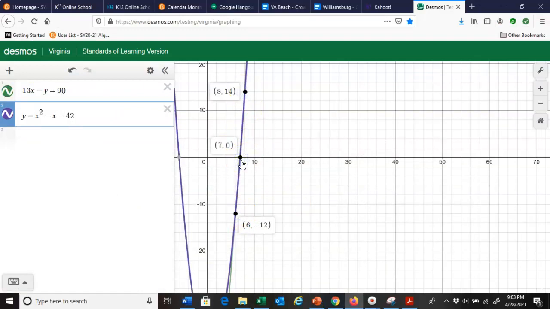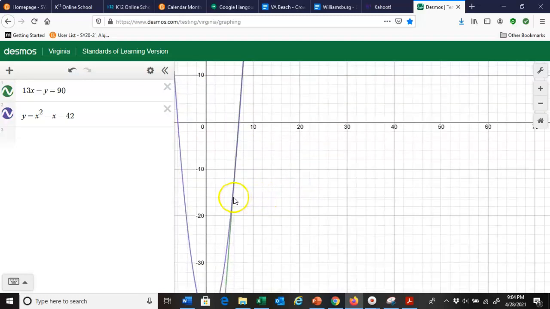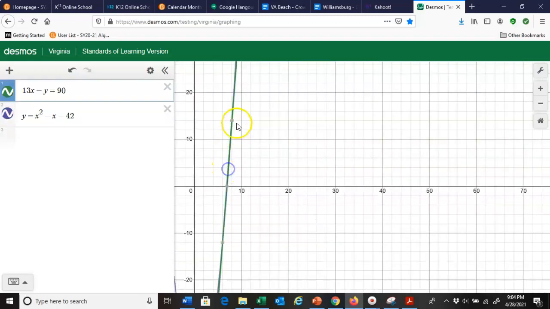When you click it, Desmos will give you those dots, so that's nice. It will tell you the intersections, 6, negative 12, and 8, 14. And it's telling you the x-intercept here, but when you're talking about solutions to a system, it's where the lines cross.